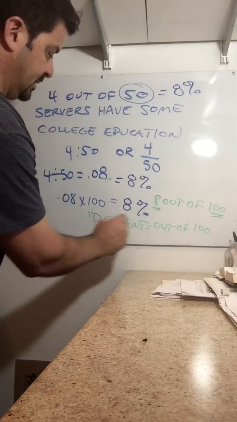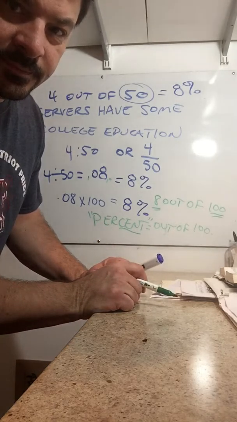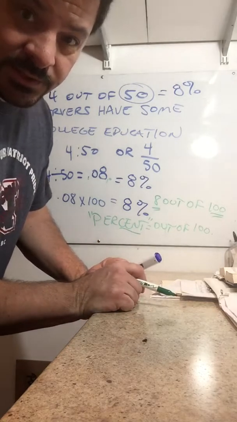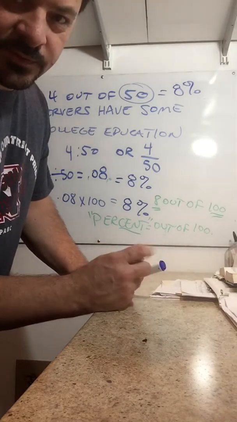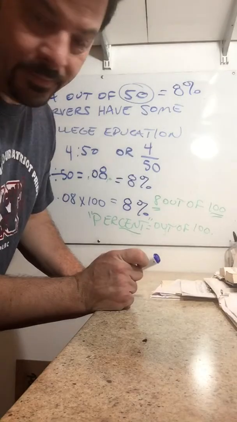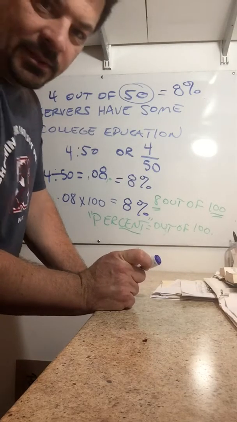That's what this word means. Cent. Century. There's 100 cents in a dollar. There's a lot of uses for that. I don't know. It's probably Latin or something. Okay, so that's how we're dealing with it.